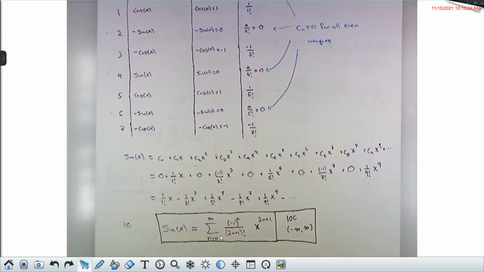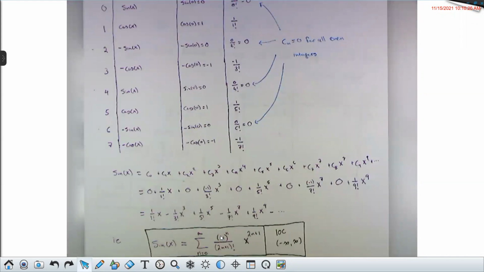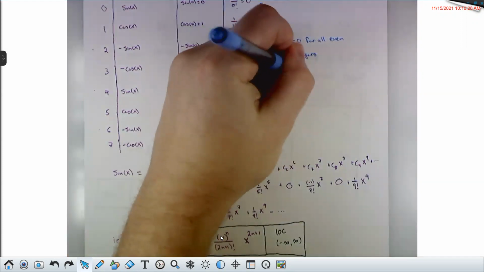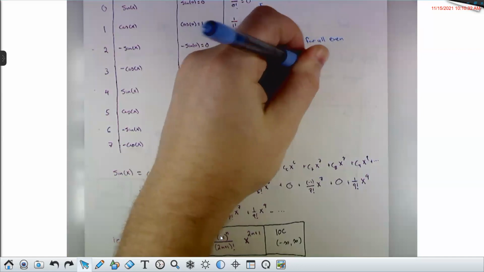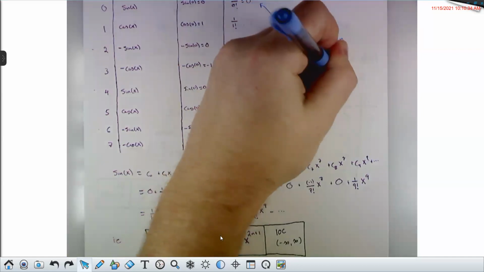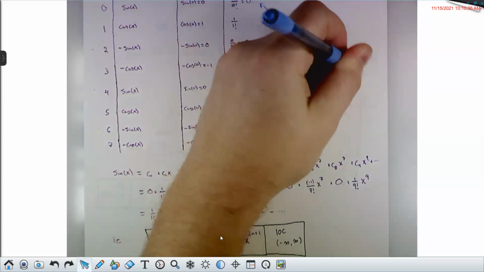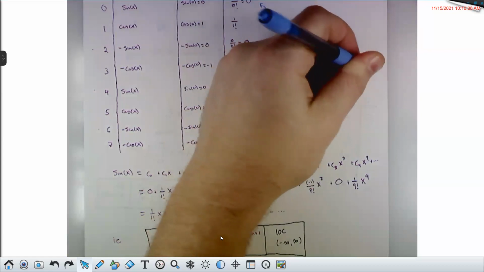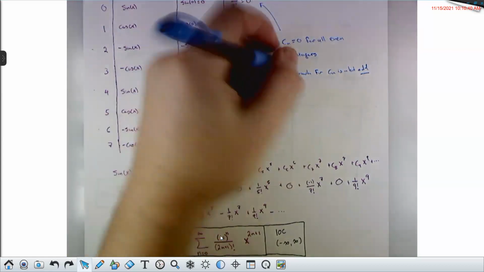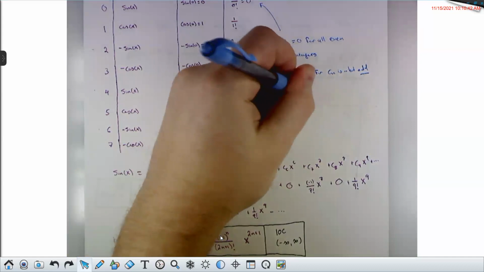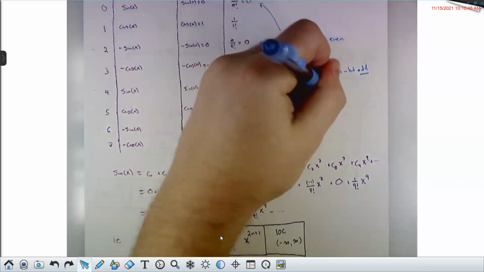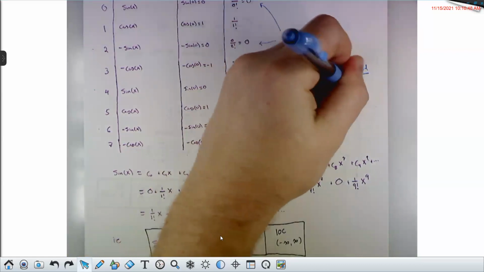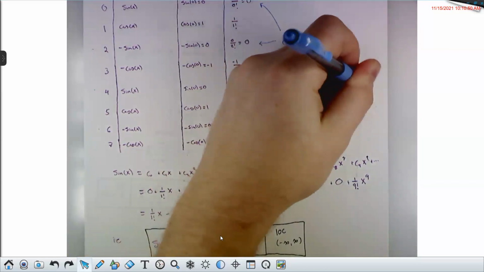If you really want a formula for Cn in general, it's a bit odd, pardon the pun. You have to break it into cases. It's 0 if n equals 2k is even.